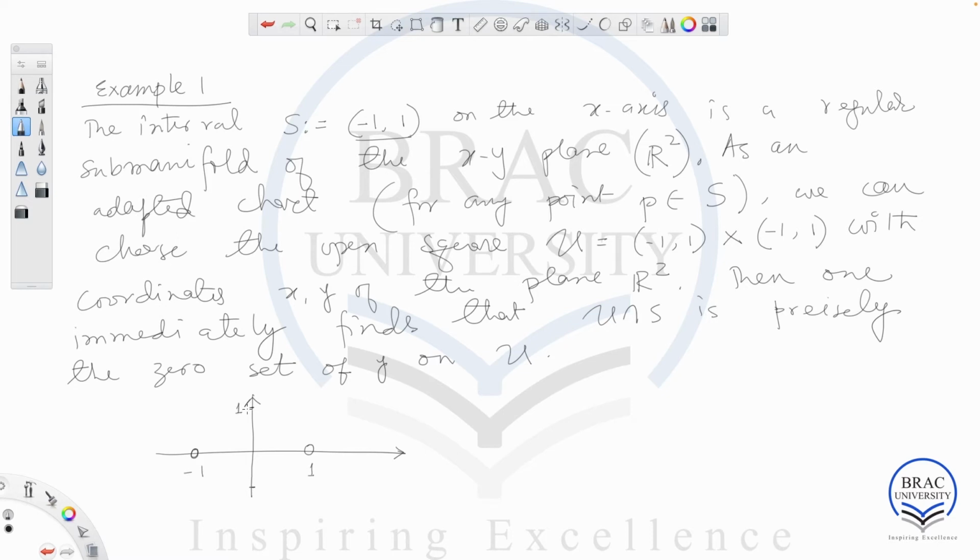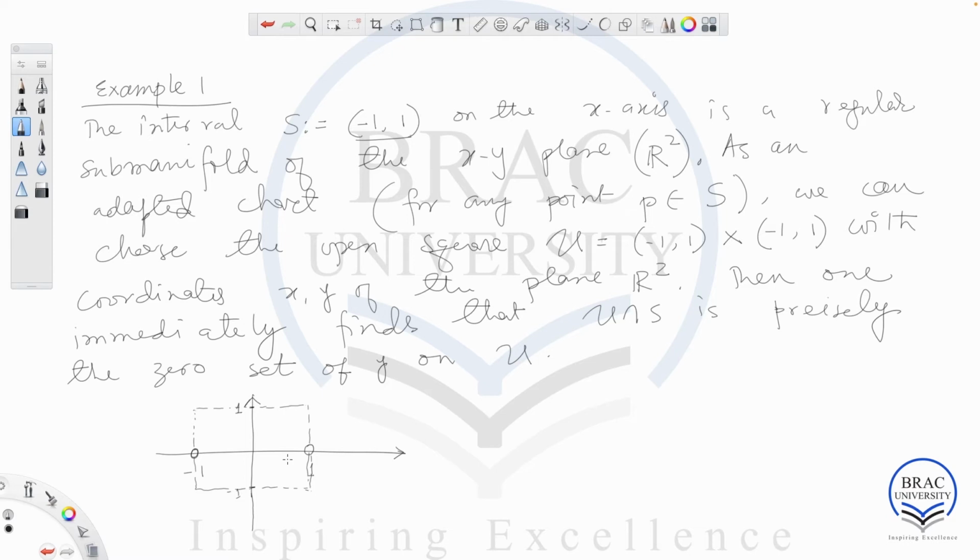This is plus 1, this is minus 1. So this is the open square, and this is an adapted chart.